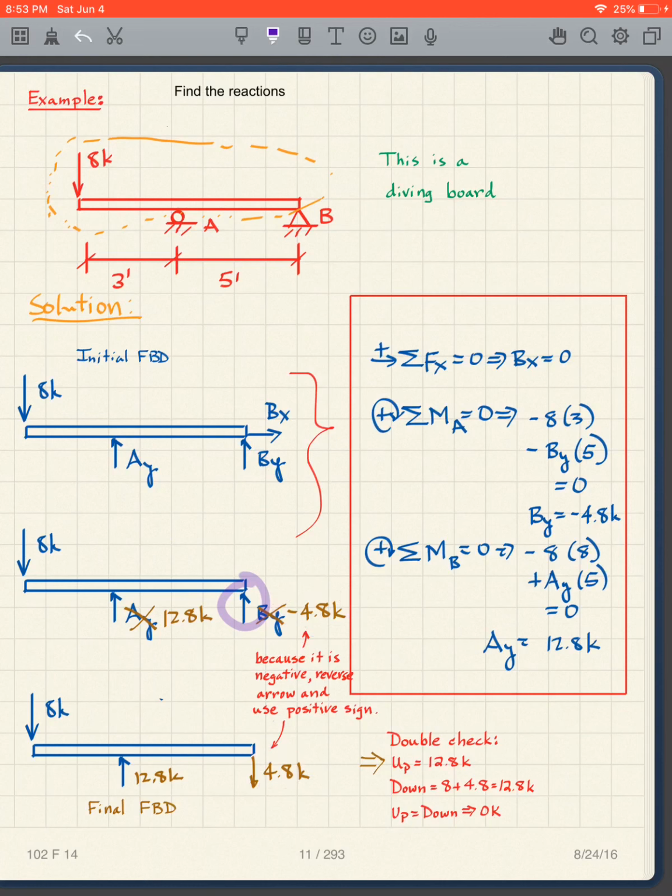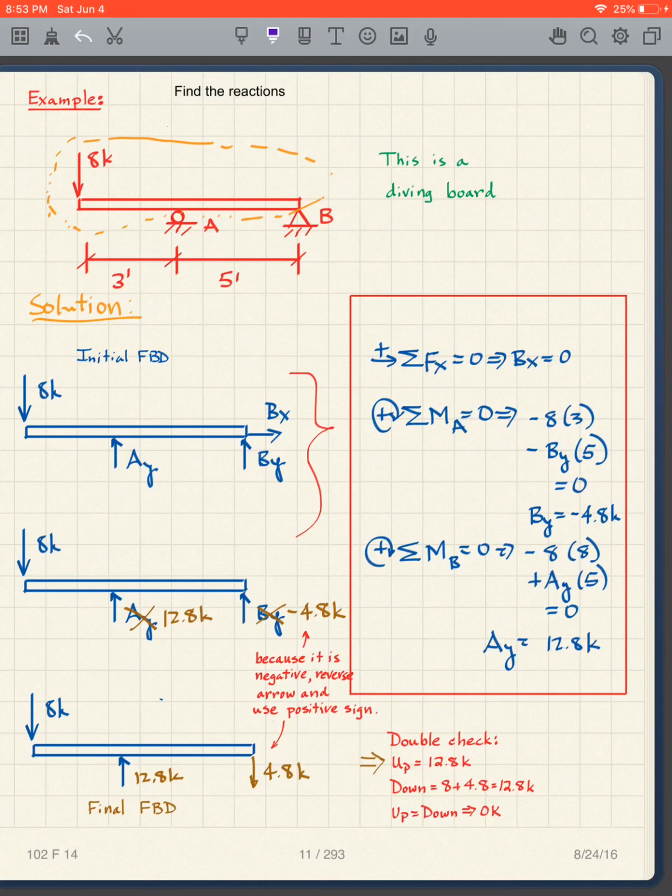So the way that we handle that negative result is that we flip the arrow around, point it downward, right there. So this is our final free body diagram, and this is what you get graded on, drawing that correctly. And then we want to do our check.